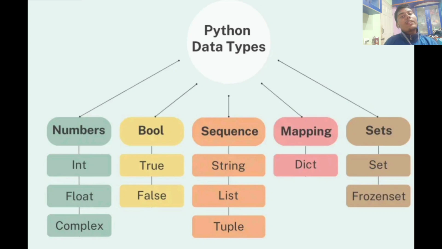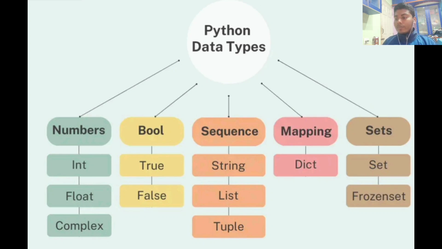Mapping is introduced as dict, or dictionary. In a dictionary, it's a key and value pair. If you want to call something, you have to call it by its key. Yeah, we will look into it.